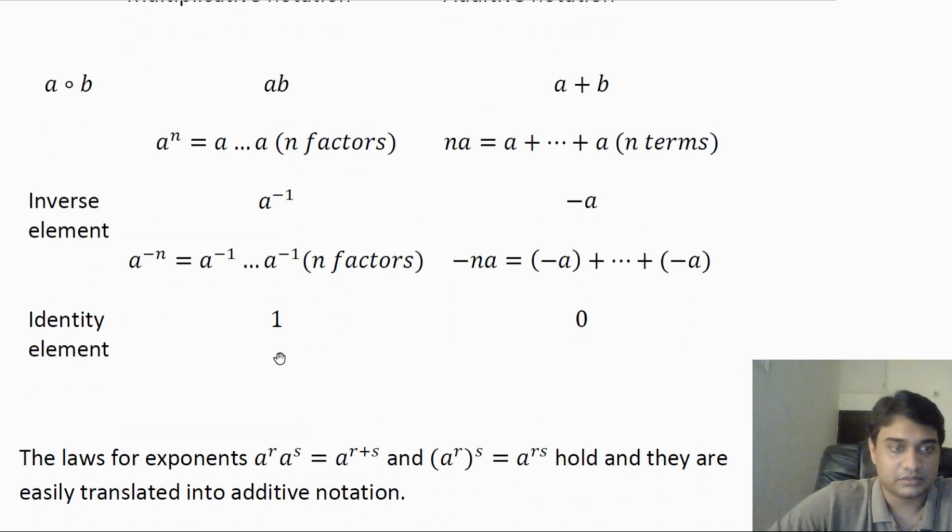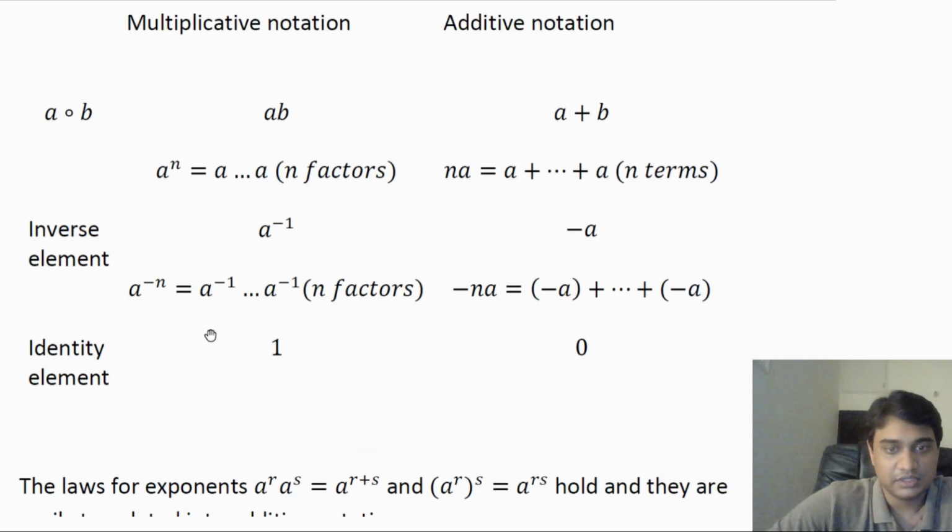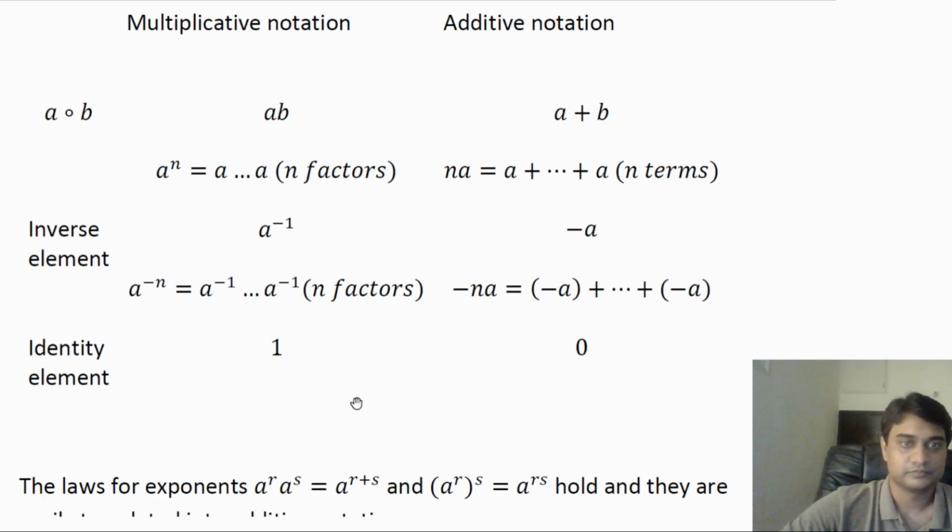And next, the identity element in multiplicative notation is denoted by the symbol 1, and in additive notation it is denoted by the symbol 0. Remember here, the 1 and 0 are not the real numbers 1 and 0. They can be, but they need not necessarily be, because a group can contain numbers, or it can be a group of functions, or a group of any other abstract objects.